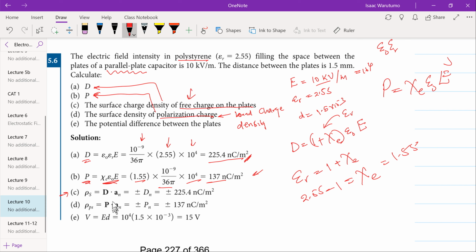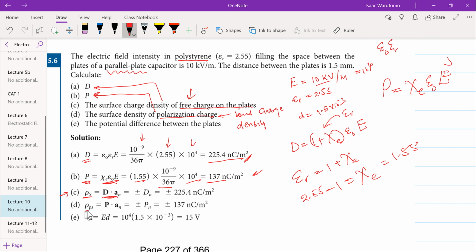And therefore, we have been able to see the relationship that the only difference is that the definition for the surface charge density due to the free charges is purely arising from the dot product of D, the electric flux density, and the unit vector normal to the surface.